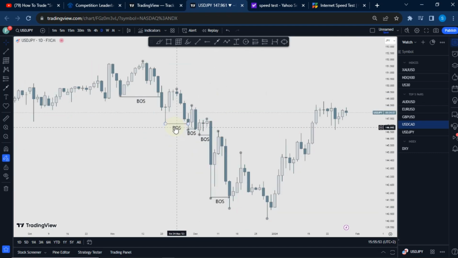So remember, what caused a break of structure becomes what? Our supply.